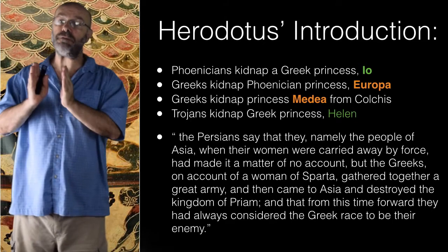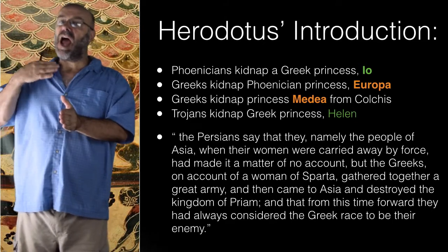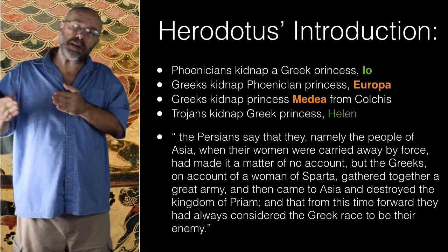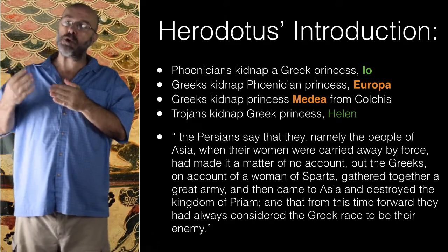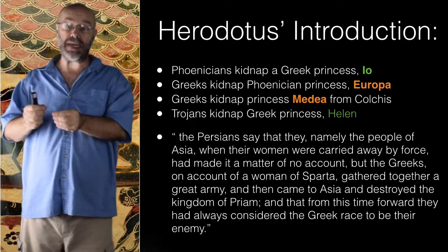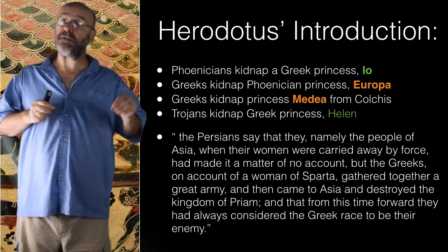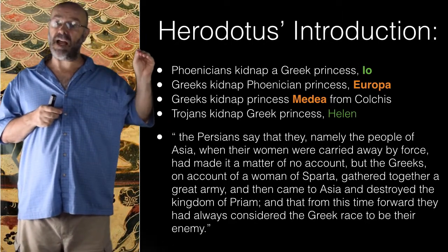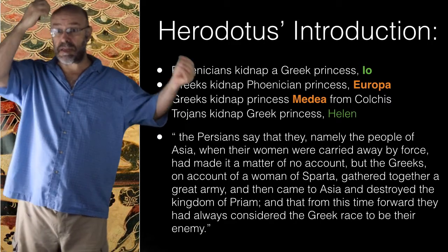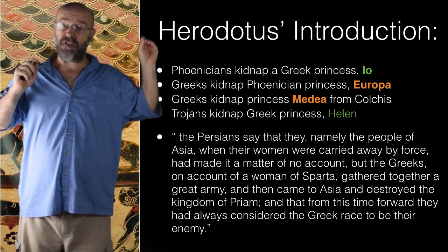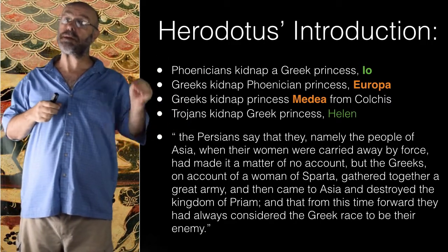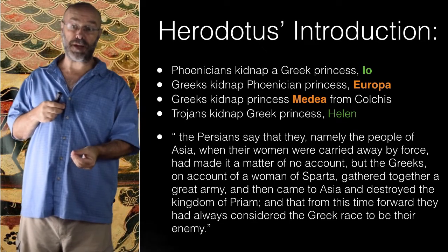So this is the Persian view of how events the Greeks tell in their myths came to cause enmity between East and West. First, the Phoenicians, the people who live in Syria, Palestine, they kidnap a Greek princess, Io, who is a figure from Greek myth.